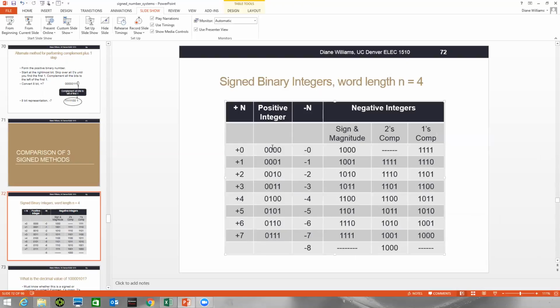We do that for the sign magnitude scheme, 1's complement scheme, and 2's complement scheme. Positive numbers look the same in all of them. Negative numbers differ. Let's look at -1. Sign magnitude, here's how we represent -1. 2's complement, here's how we represent -1. 1's complement, here's how we represent -1. Three different schemes.